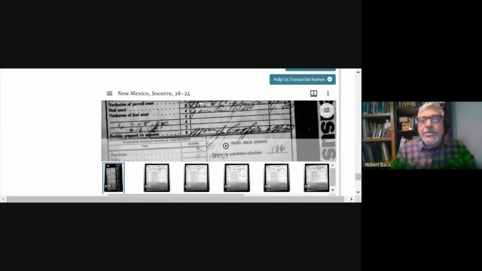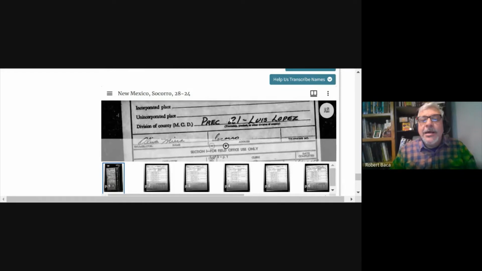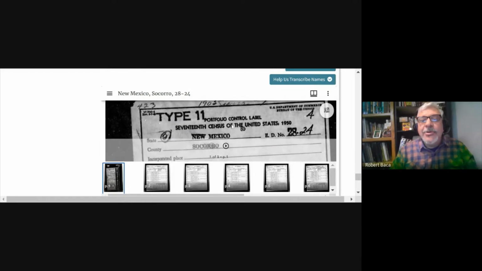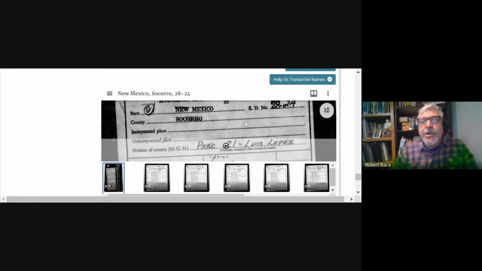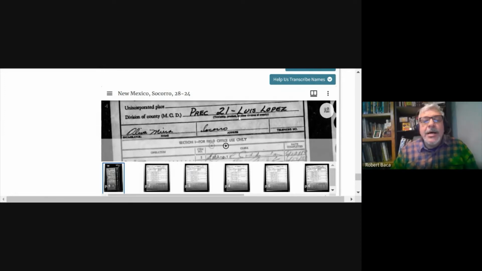Okay, so let's look at what we have here. This is where I had seen some interesting stuff. So you've got New Mexico, Socorro County. The enumeration district is 2824. Precinct 21, Luis Lopez.